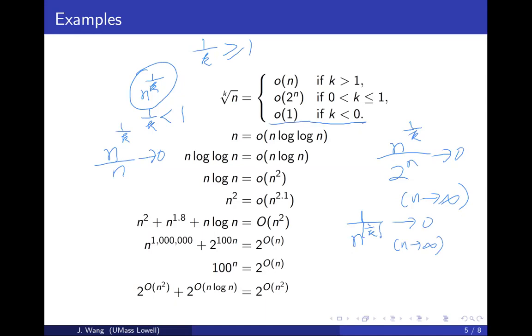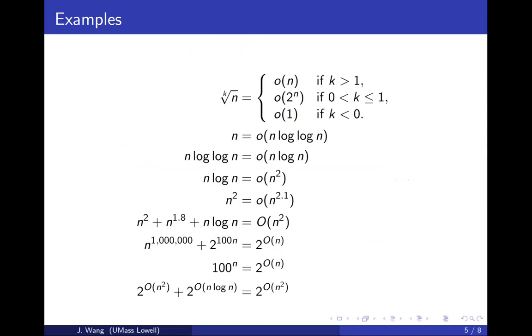So then you may ask, what happens if k is equal to 0? Of course, it's not defined, because you cannot have a 0 divisor. Now, likewise, n is equal to small o of n log n, because n over n log n, the n cancels, so it still goes to 0.